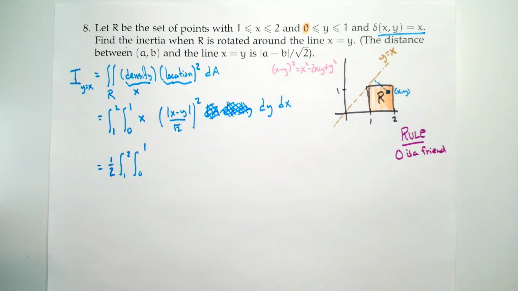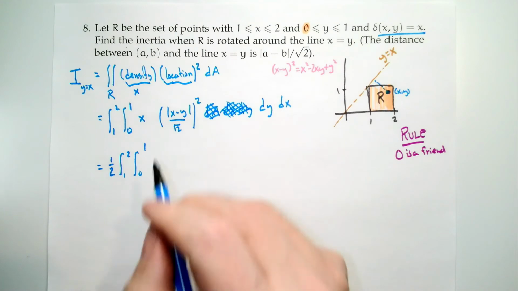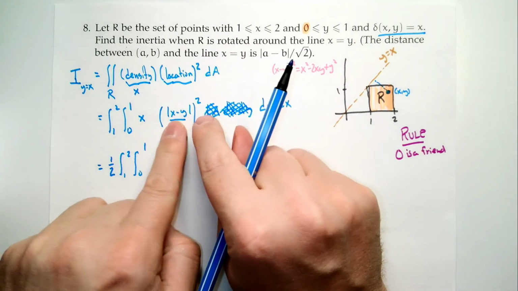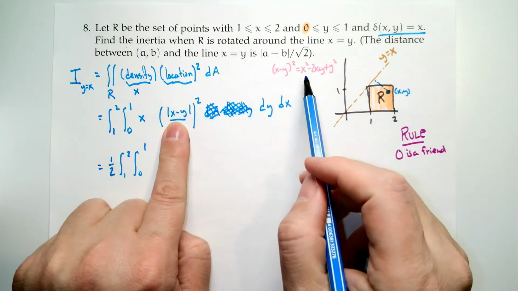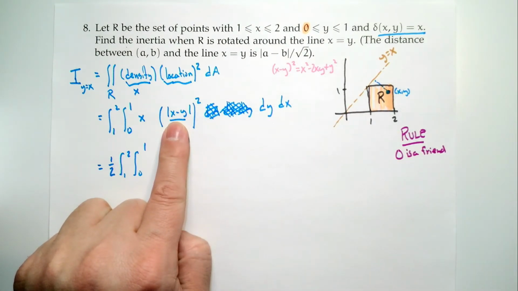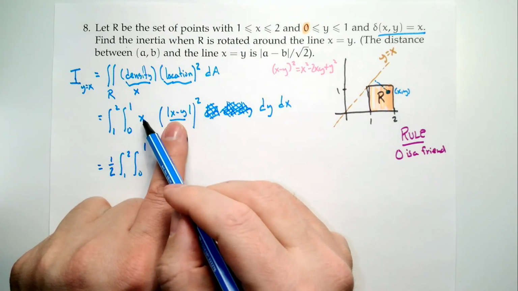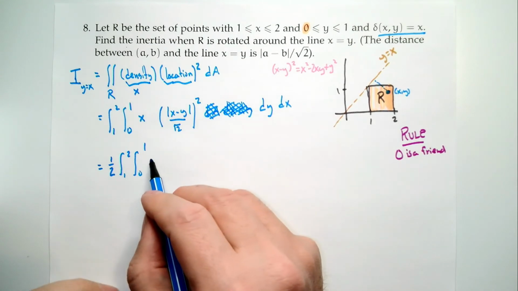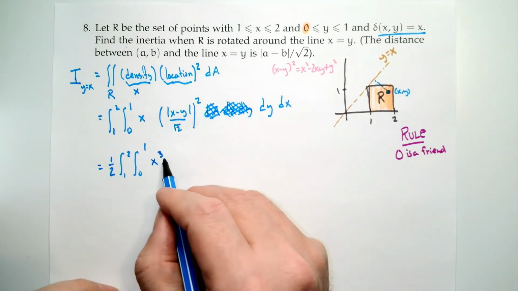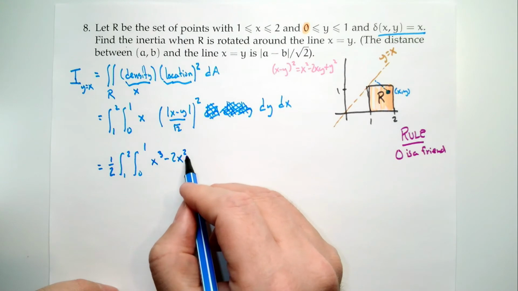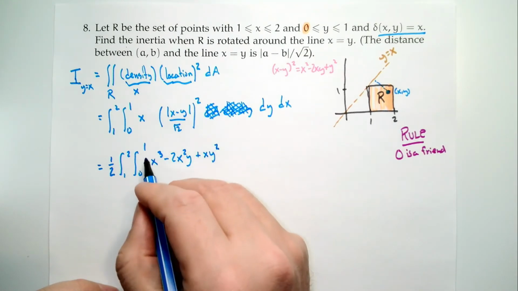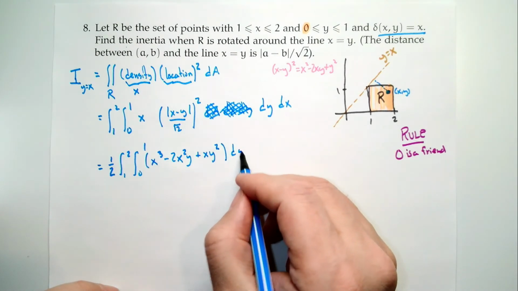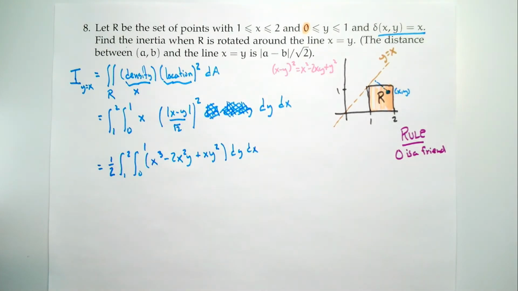That's the part that says, because we pulled out that square root of 2 squared, that's the half. So you get the x squared minus 2xy plus y squared. Notice the absolute value you don't care, because you're squaring. So the absolute value doesn't mean anything. Now multiply it by x, and we end up with x cubed minus 2x squared y plus xy squared dy dx. And now we're ready to begin.